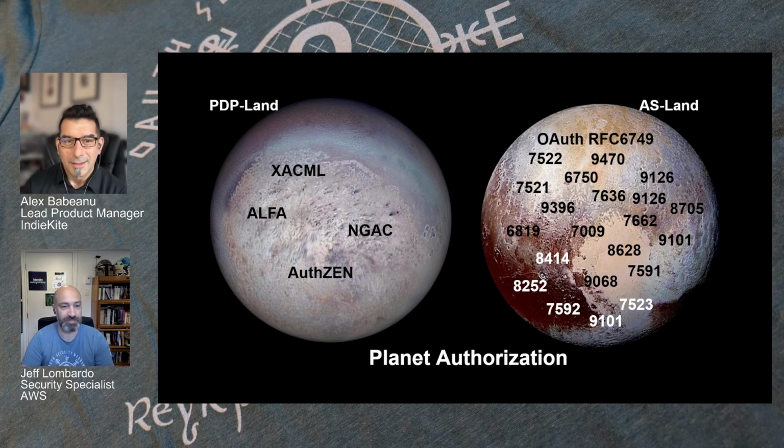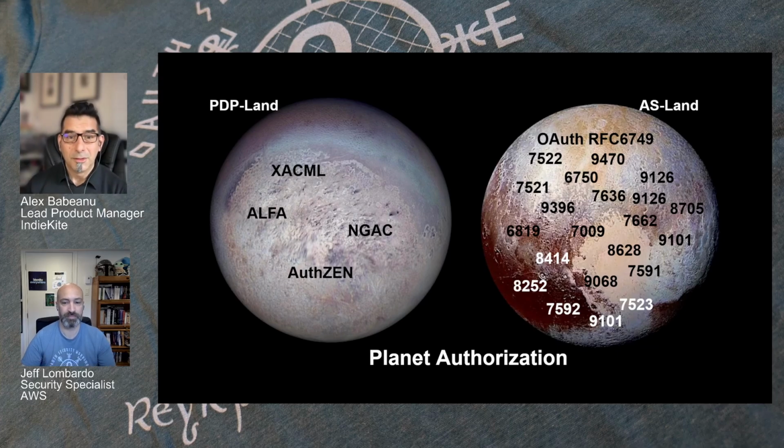Yeah, so planet authorization, the planet, well, at least the one I live in and we live in, is kind of fragmented. We have two sides of the planet that don't really talk to each other. On one end, we have the authorization server side, the AS land, with a lot of RFCs and specifications. There are just a few displayed on screen now, but we know there are over 100 of these, so a very productive side of the planet.